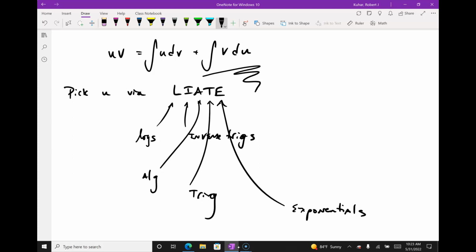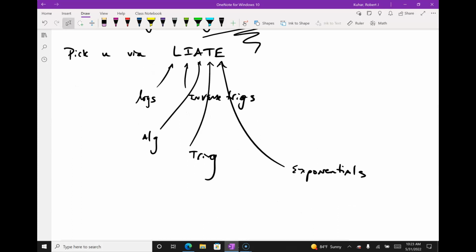The most complicated thing should be the pick of u, and then dv, what's left over, should be simpler. I don't think that note is needed, but it's what's in our book. It's also saying the part you pick as dv, you better be able to integrate it. But that kind of leans toward it shouldn't be more complicated.